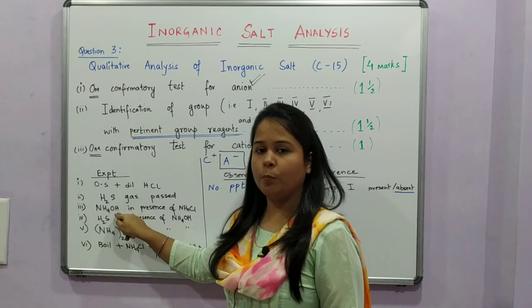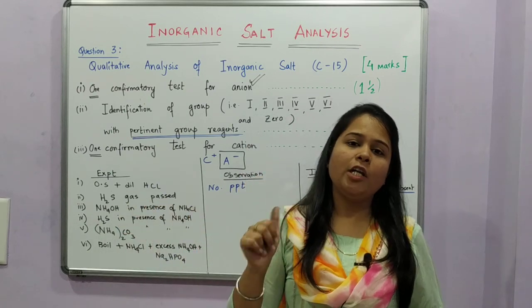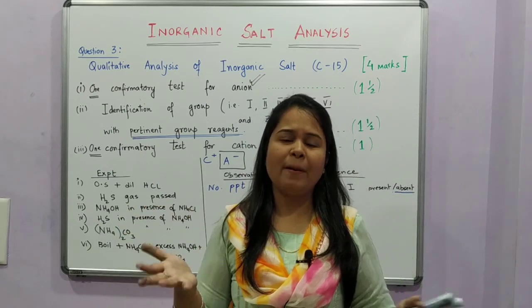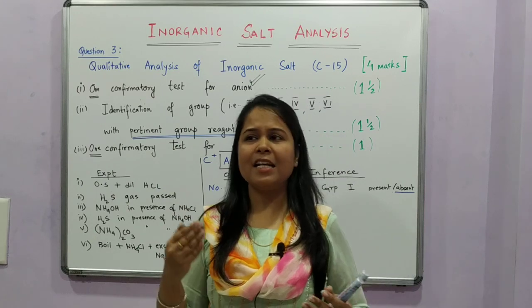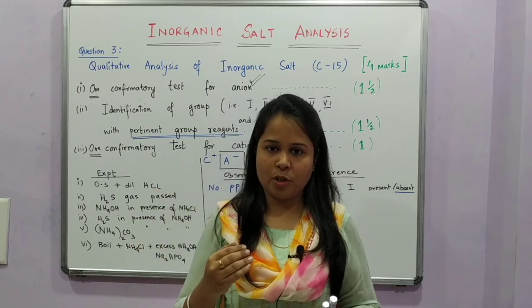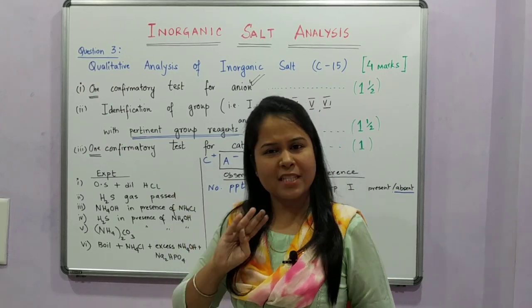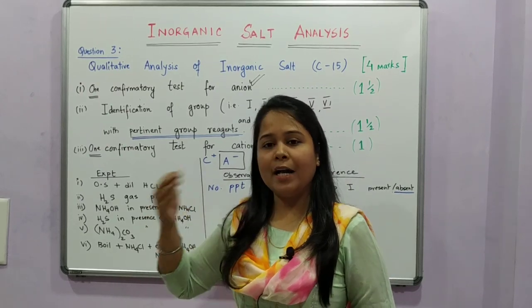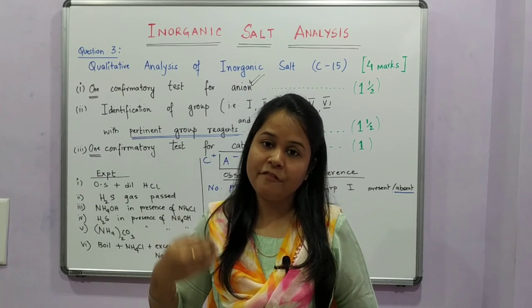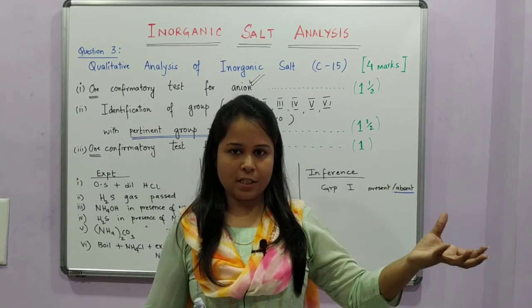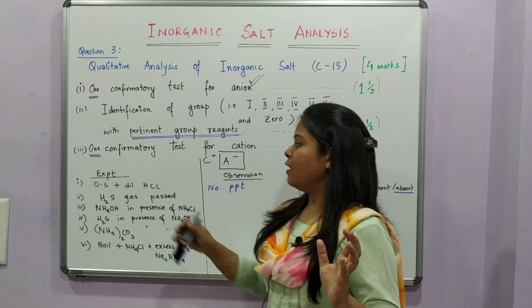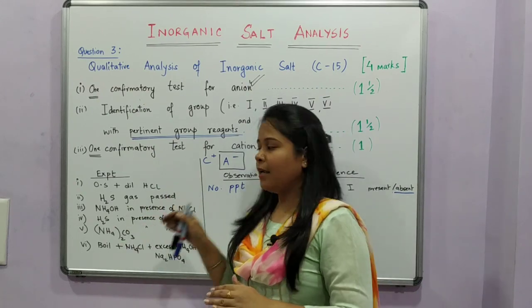But when you go for group 3, the boiling off of hydrogen sulfide by adding nitric acid and all that is a little tricky situation. That is why we suggest that if your group 1 and group 2 are absent, do not continue with the same filtrate.